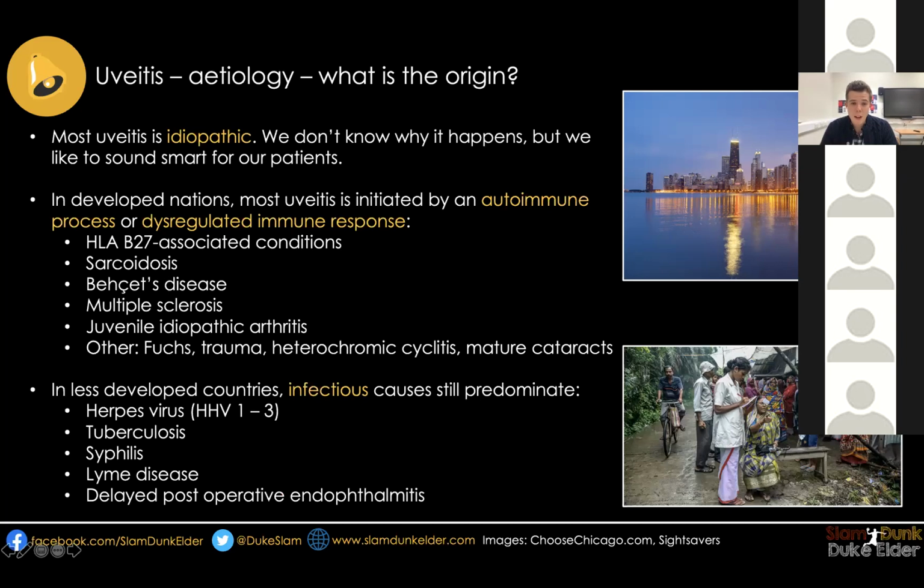In less developed nations, okay, so places that you might potentially visit on your elective, if you decide to do an ophthalmology elective, places like cataract camps, the etiology tends to be infectious in nature. I don't know why, but a lot of places, for example, at least in cataract camps in more developing nations, they don't have good antibiotic prophylaxis, okay?